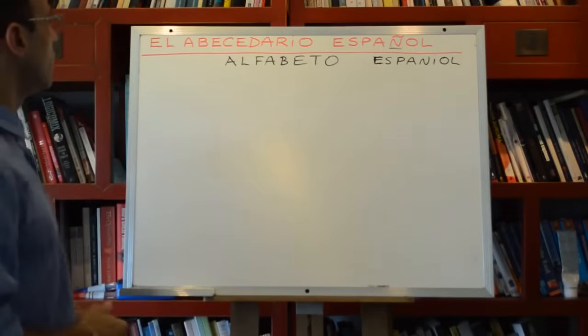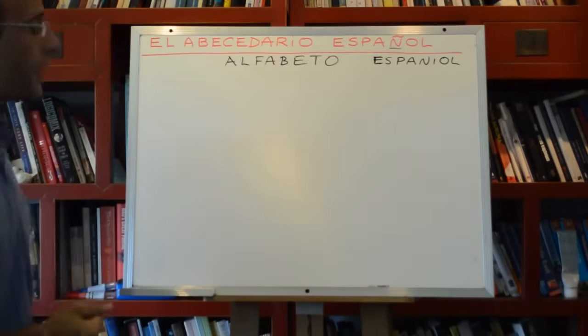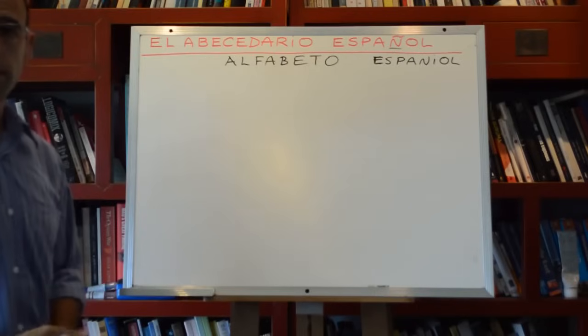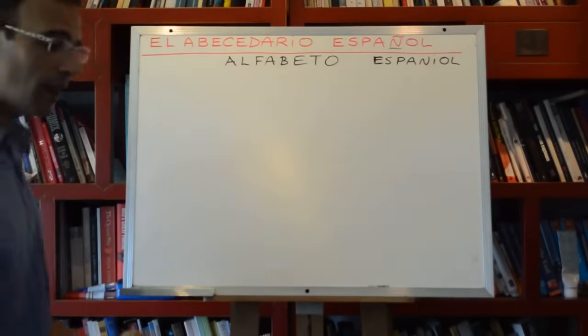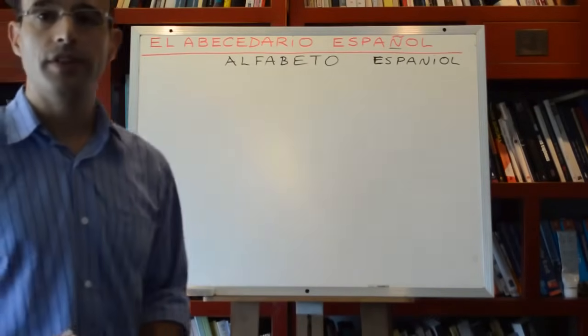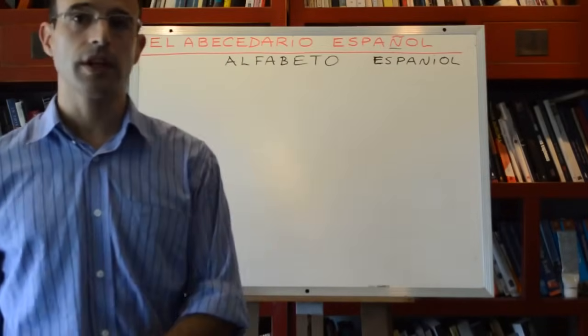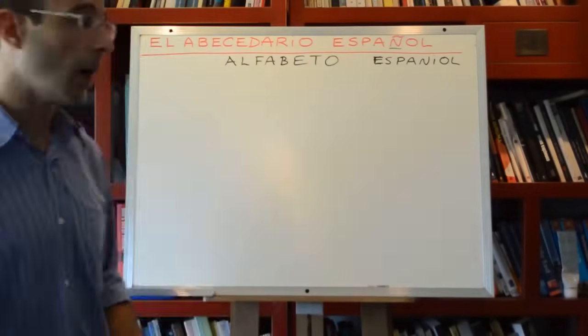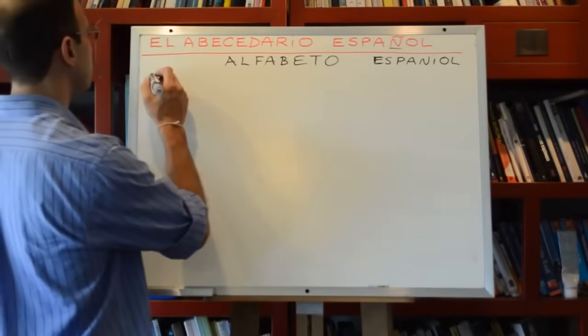Okay, now let me read one more time the Spanish alphabet so we practice and you get familiar with the right pronunciation, and I'll give you some examples on how we use the letters.